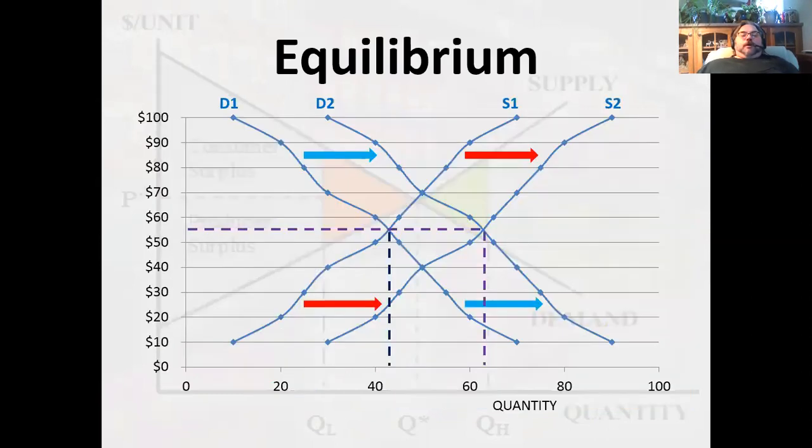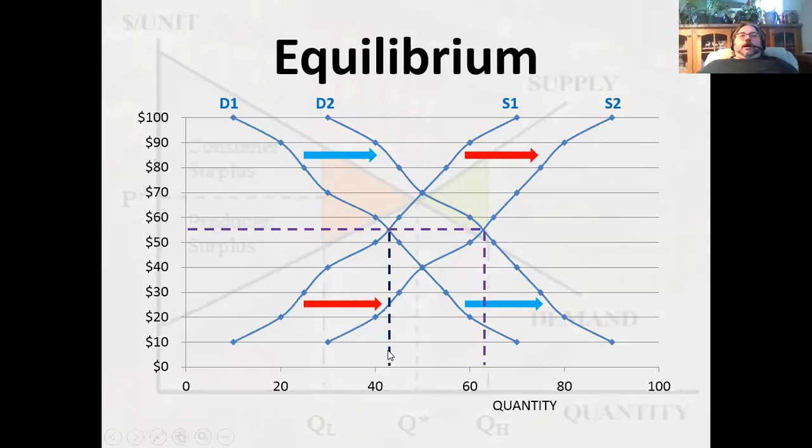How does that work? Well, here we go. Let's look at our supply and demand curves. And we're going to start with supply 1 and demand 1. Those are the same curves that we've been working with all through this lesson. And our equilibrium price point was here at $55. And our equilibrium quantity was here at 43 units.